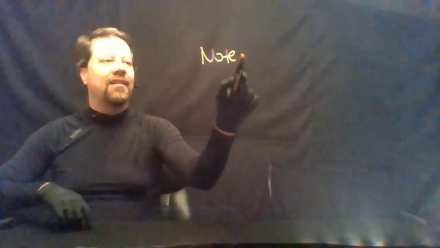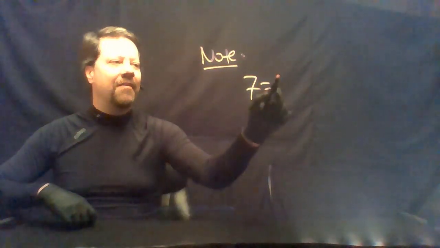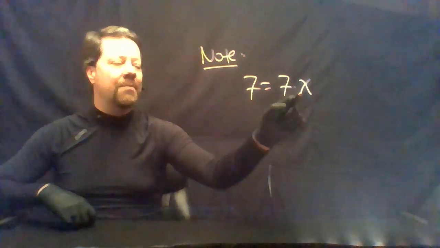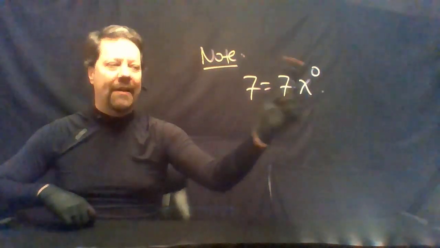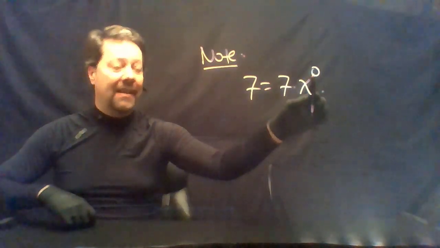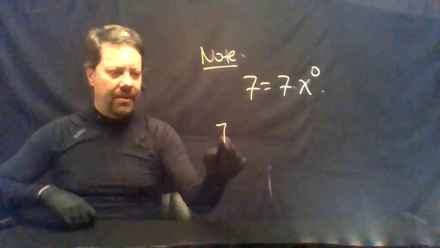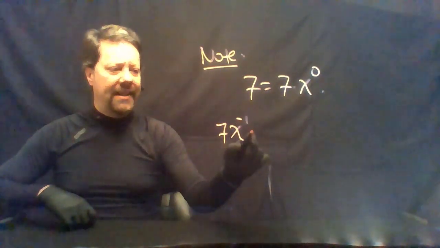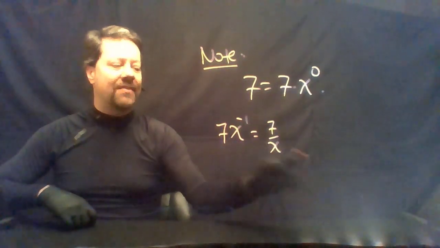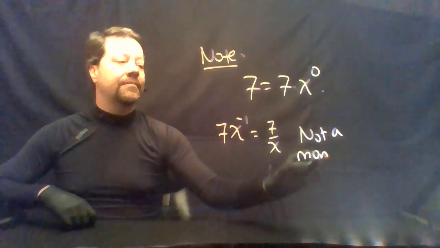Note, a constant is a monomial because you can think of that as 7 times your variable x to the power 0. Remember, the exponents for monomials can include 0. They can't include negatives. So 7x to the negative 1, or 7 divided by x, is not a monomial.